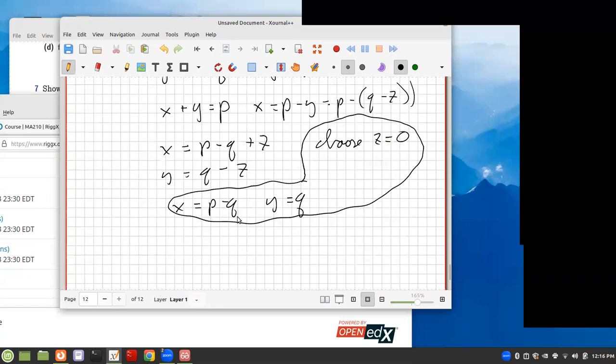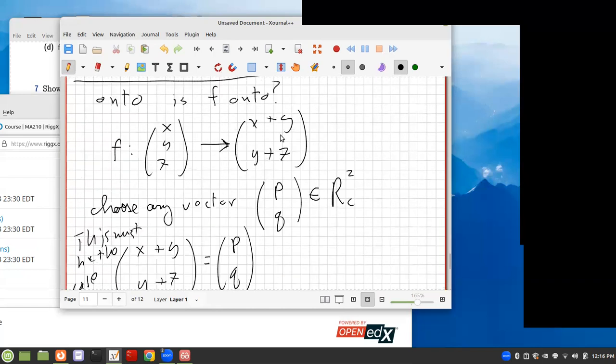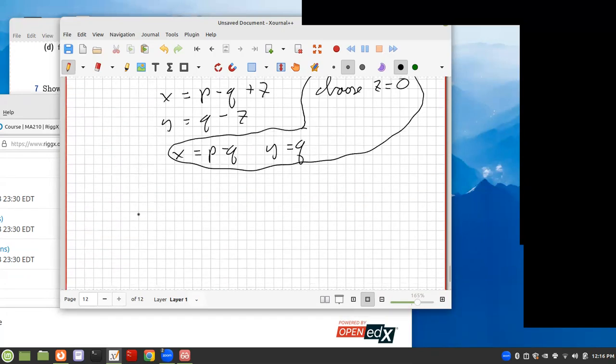Because this map is not one-to-one, it has many possibilities for the map here. But basically this shows that F is onto.